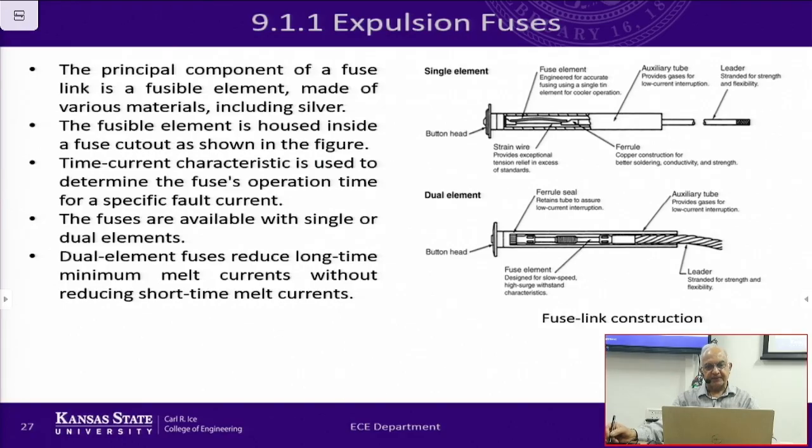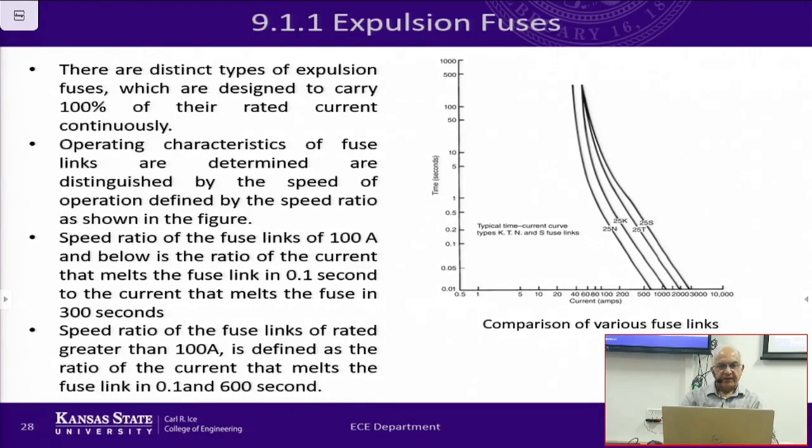It looks like that. And when the fuse operates, it's going to create an arc and a lot of heat, but they are designed so that whatever arcing and heat happens is contained inside the chamber. So that's how they work. Okay, so we have expulsion fuses, which are the most common kind.